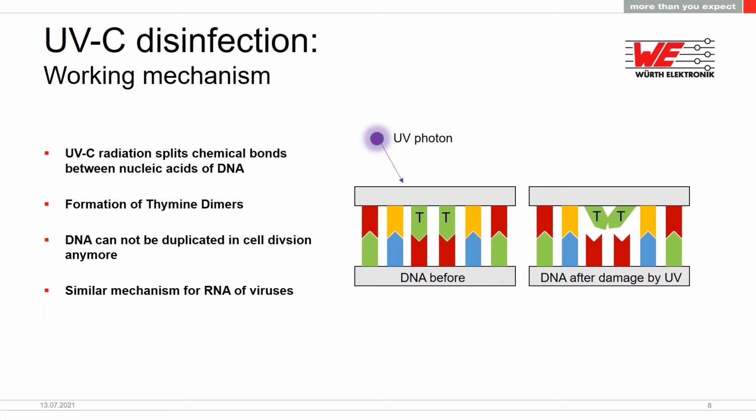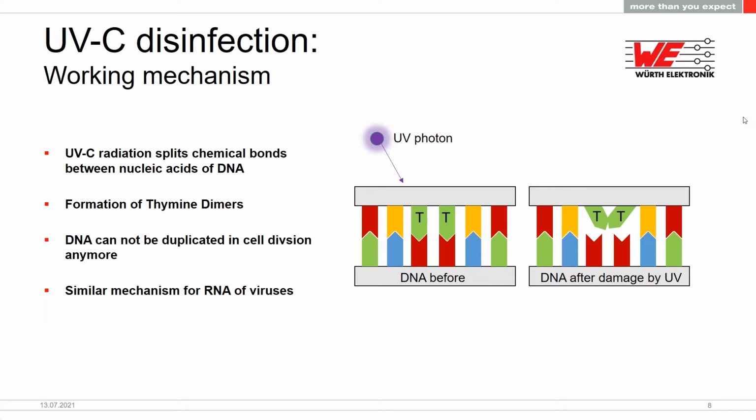So this damage, where we have now those dimers, it stays in the DNA, and if the cell wants to replicate itself, this damage hinders the replication. So basically this DNA cannot be duplicated again anymore if this damage is too much.